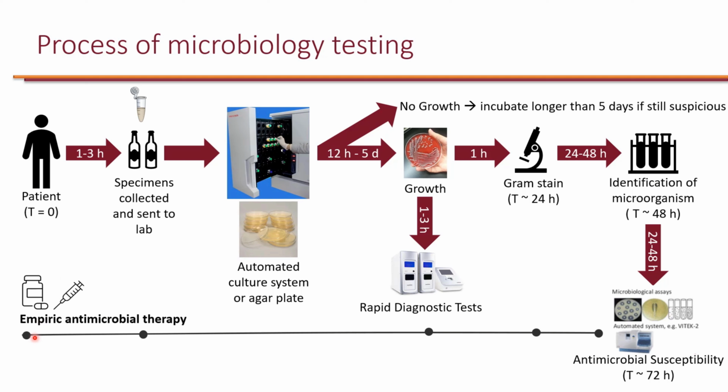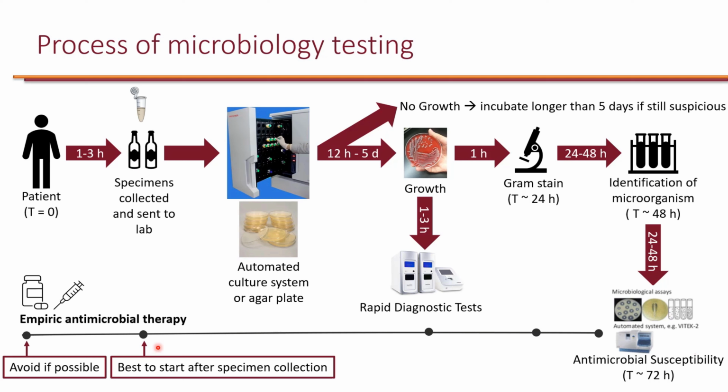So now we can look at the timeline of treatment. We want to avoid treatment as soon as the patient arrives, because if you give the antibiotics immediately, you might not be able to identify anything because you kill all the organisms. So you want to get your samples first if possible, and then start treatment after you get the samples.